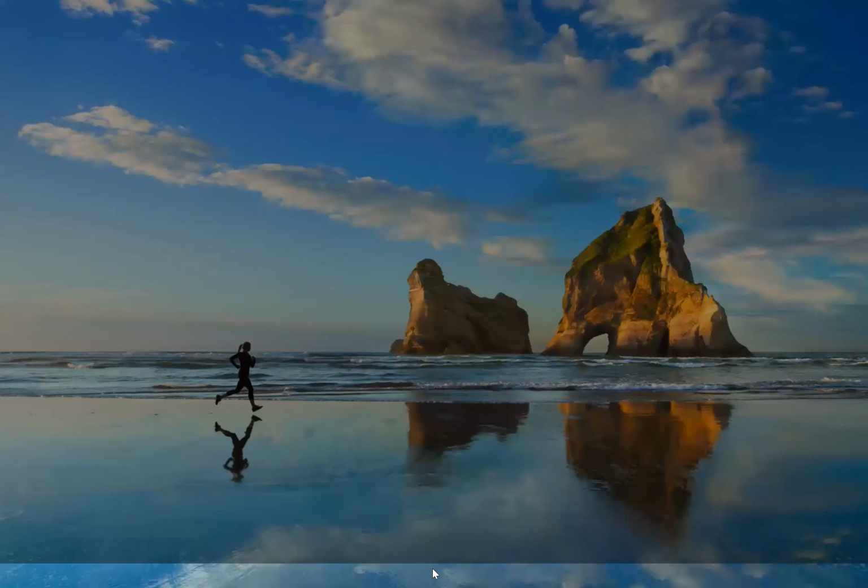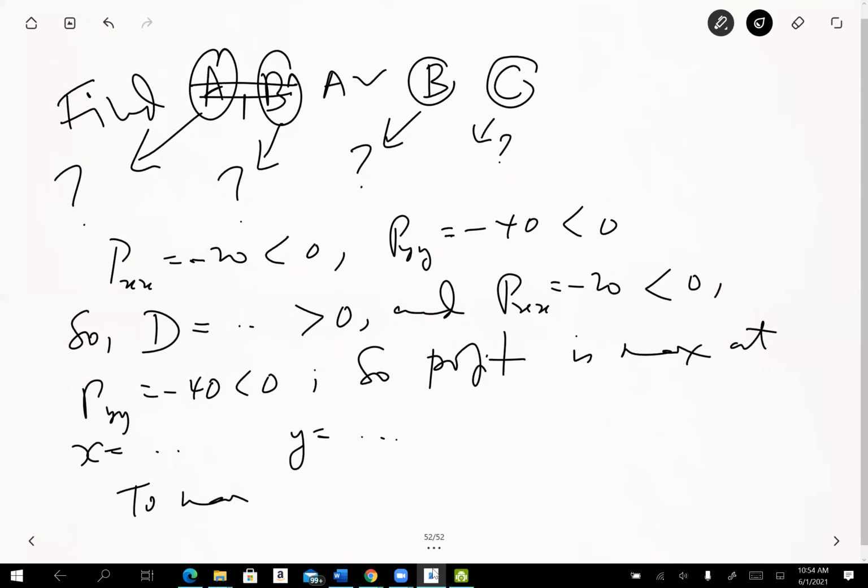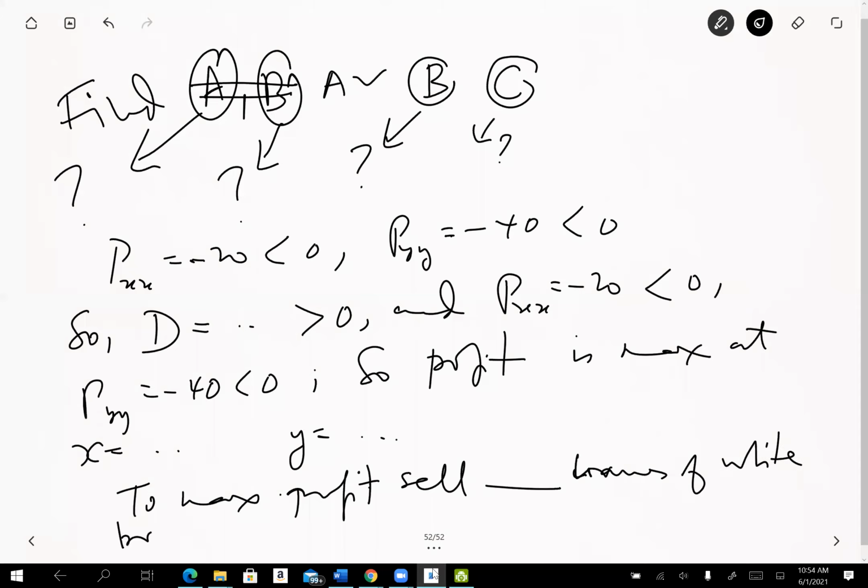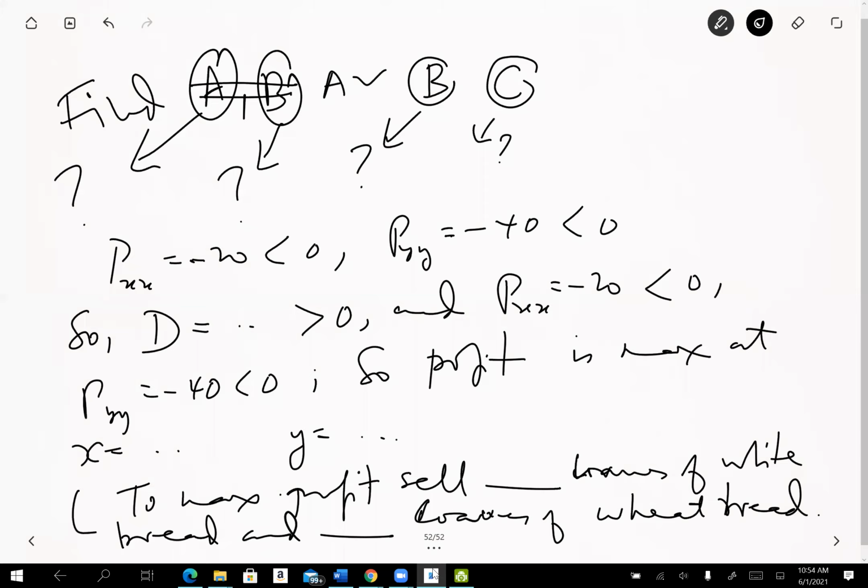So we say that to maximize profit, we have to sell, whatever the units, loaves of white bread and whatever the number of loaves of wheat bread. Okay. Itu dah. Alright.